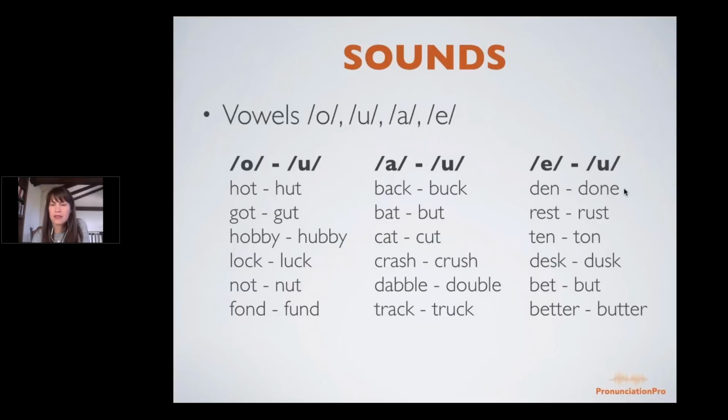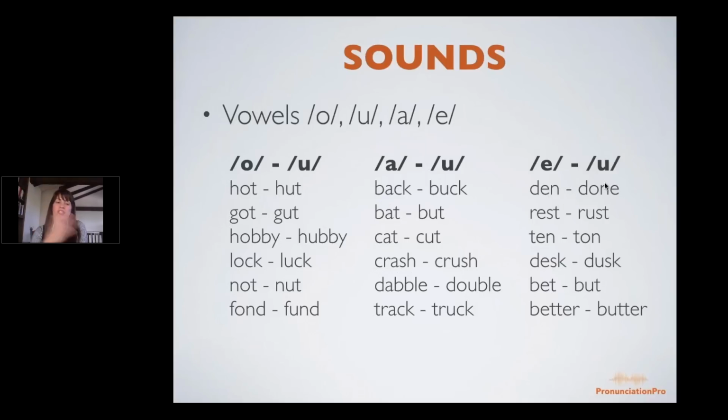Okay. Then. First one. Yes. Rust. Second. Yes. Ton. Second. Dusk. Good. Second. Bed. First. Yes. Butter. Second. Good.